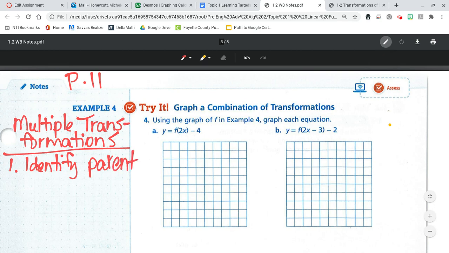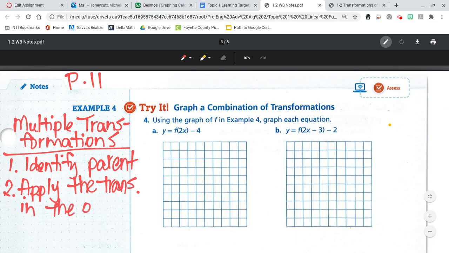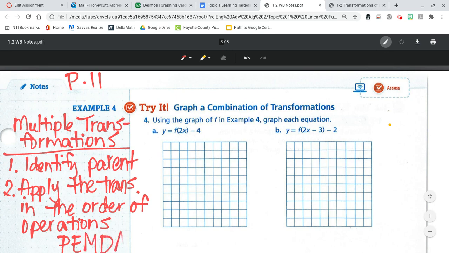I'm just going to abbreviate parent function as parent. And then number 2, you're going to apply the transformations, which I'll abbreviate as trans, in the order of operations. And the order of operations is that same order of operations you guys have been working with your entire math career, PEMDAS. And I'll show you what I mean.